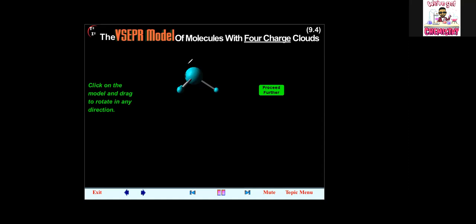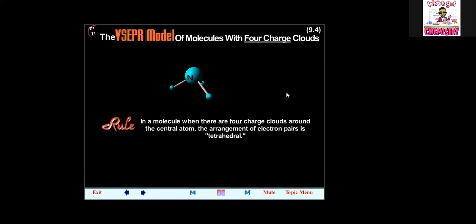Remember that this has a lone pair of electrons. That's why it has 4 charge clouds. Rule: in a molecule, when there are 4 charge clouds around the central atom, the arrangement of electron pairs is tetrahedral.